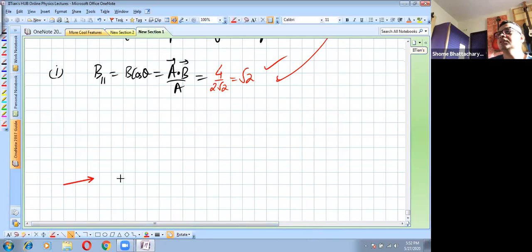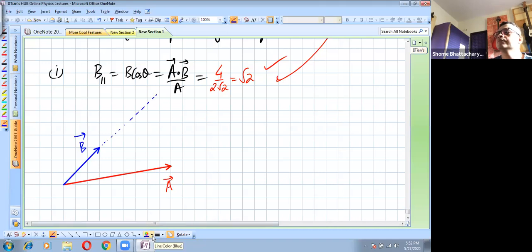Just as we found the component of B along A, now similarly, suppose A is this vector and B is this vector. It doesn't matter that B is actually shorter than A or A is longer than B. Still A has a component along B and B has a component along A. So if I want to find A's component along B's direction, I have to drop this perpendicular.